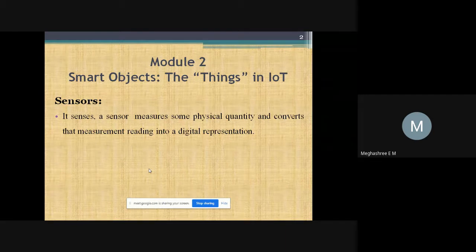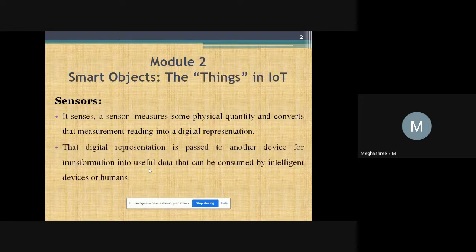and it should be given for processing. So if there is a fire at my home, the temperature crosses the threshold reading. It says that there is a higher temperature, so the required action has to be taken. That's why this measurement data is converted into digital representation.